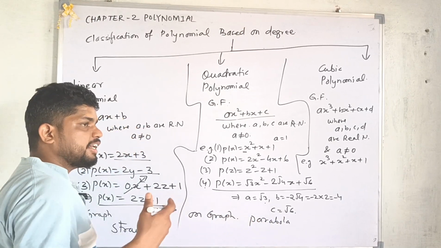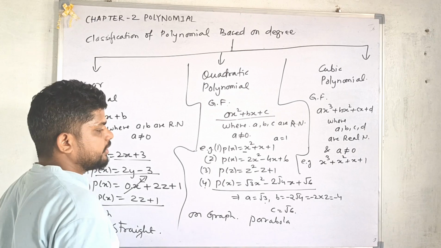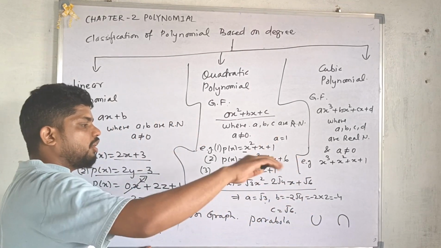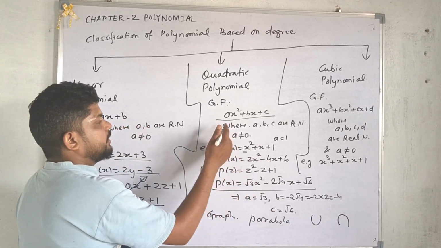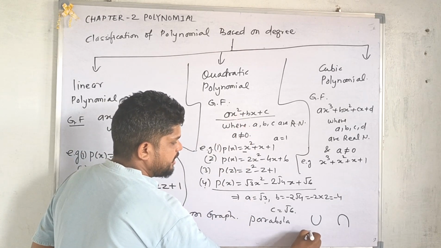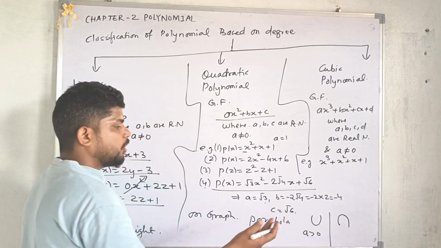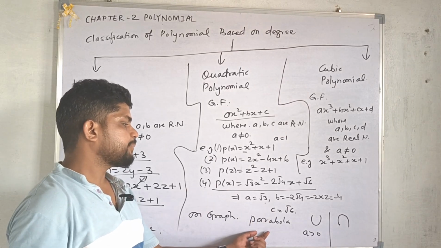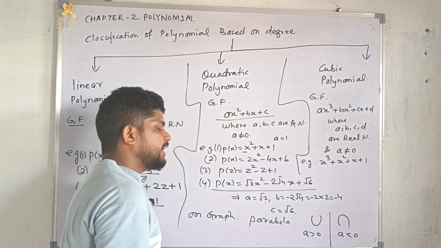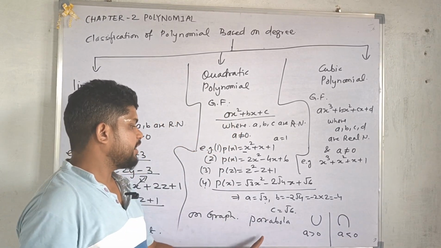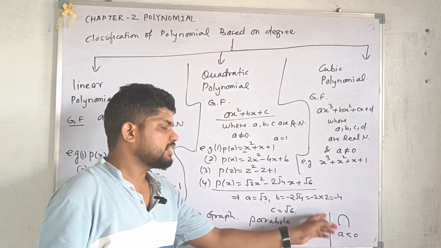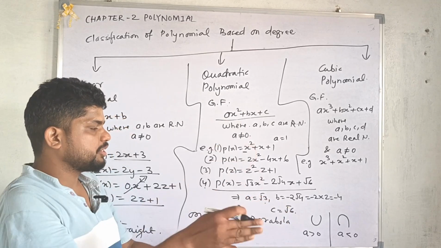Parabola means, like you might have seen the horseshoe, this U shape, upside U or downside U. If the coefficient of x square, that is a, is greater than 0, then you will get an open upside parabola. If the value of a is negative, that is less than 0, then the graphical presentation of that quadratic polynomial will be towards the downside. That will be U-shaped towards the downside.